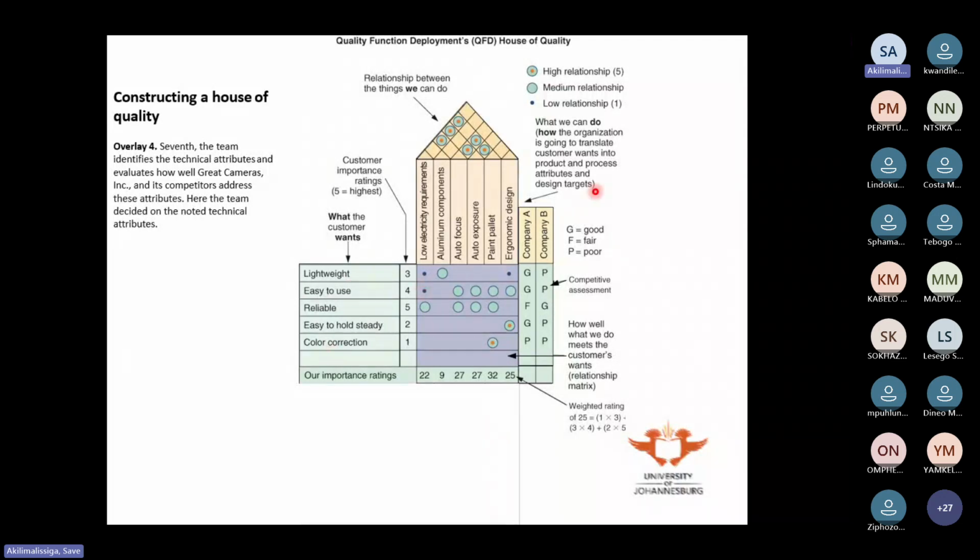And what you need to do at that point will be to extract the information from the statement or the case study and then complete or fill in the template, and that you'll be building a house of quality.